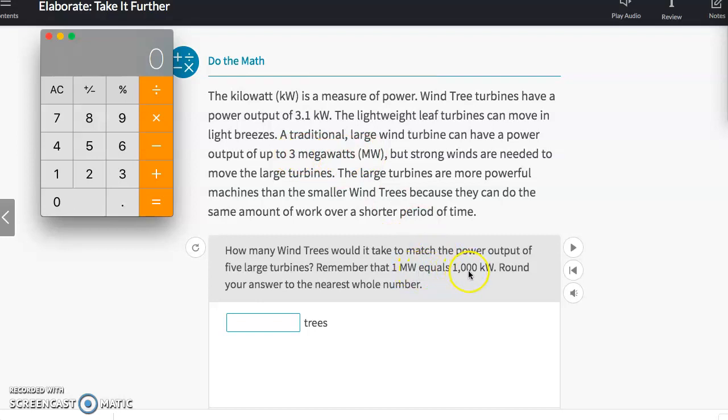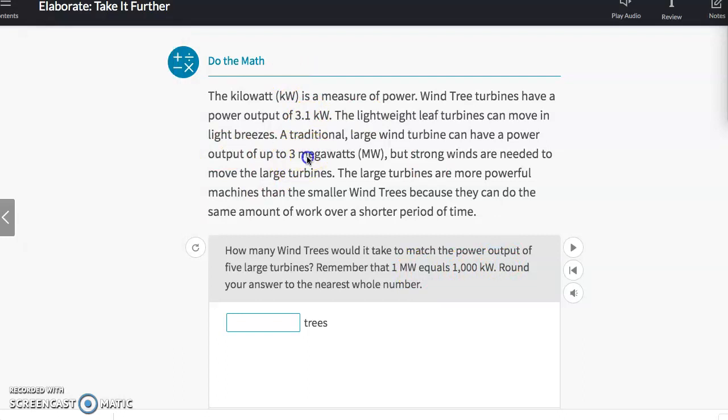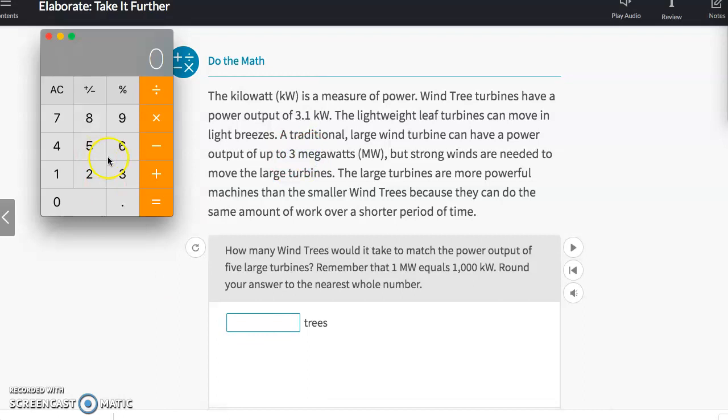So if 1 megawatt is 1,000 kilowatts, I'm looking at 3,000 kilowatts right here, because 3 times 1,000. So I'm going to put 3,000, and I'm cutting that up by the 3.1. Cutting up means divide. So I hit divide by 3.1. Now I get this large number.